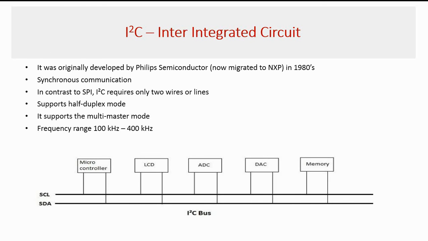Most of the time the master is a microcontroller and the slaves are other devices like your ADCs and DACs. The master is a device which starts the data transfer and generates clock signals for the transfer. We can connect several masters as it supports the multi-master mode.